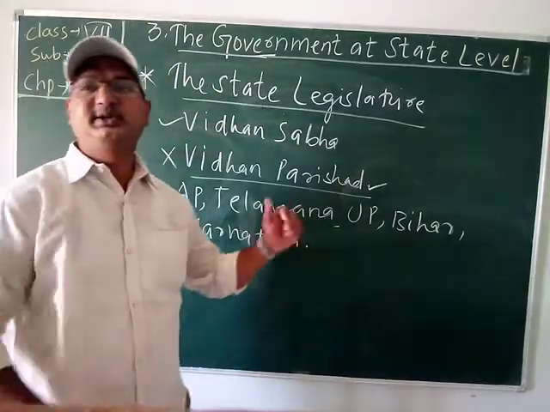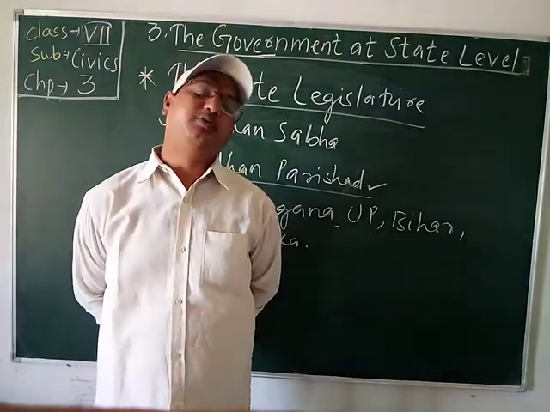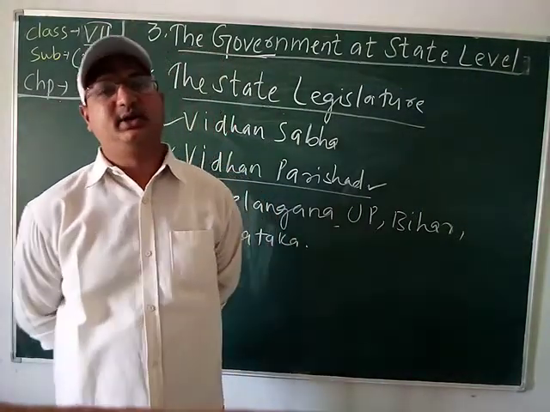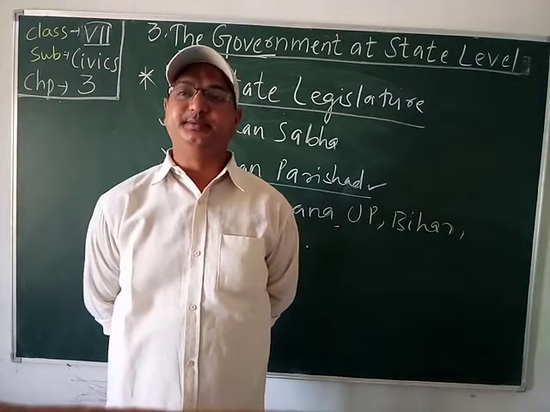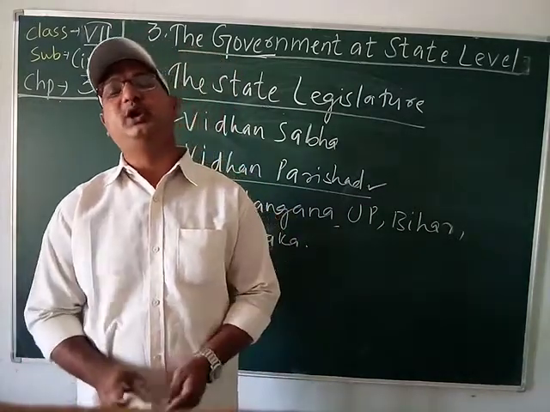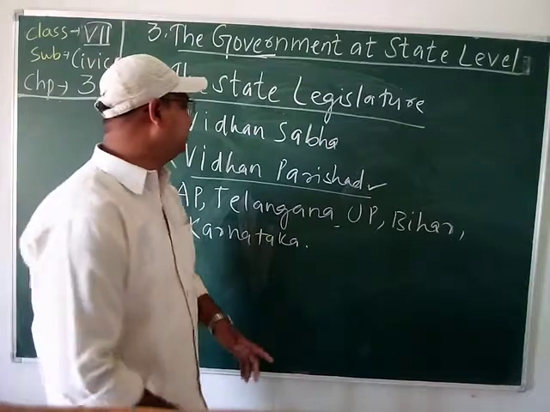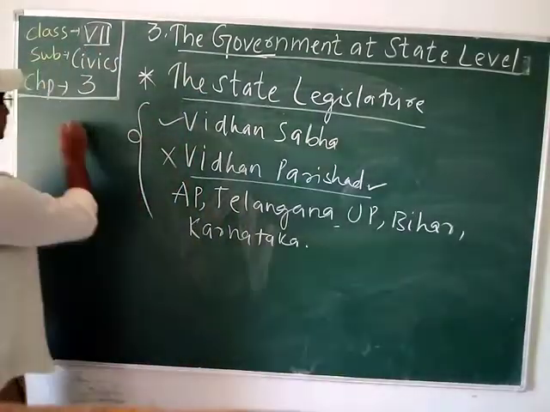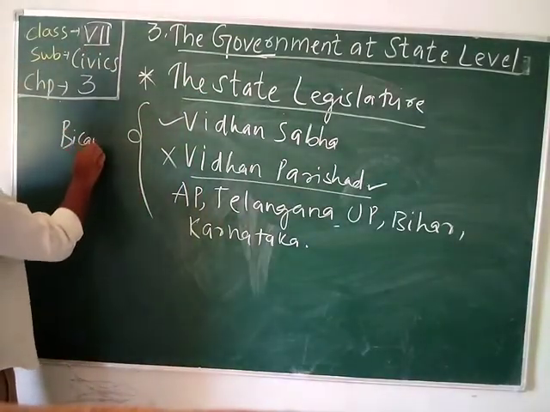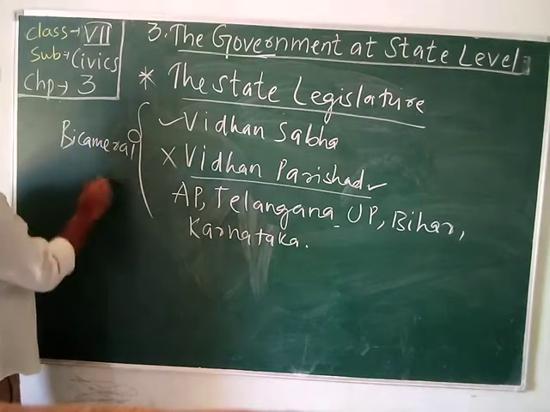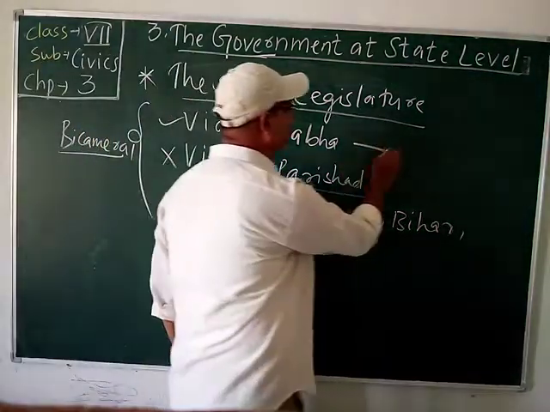so these are some of the examples which have both the houses, that is the Vidhan Sabha and the Vidhan Parishad. Students, states with both the houses are called bicameral legislature. If both the houses are present, it is called bicameral. And if a single house is present, it is called unicameral.